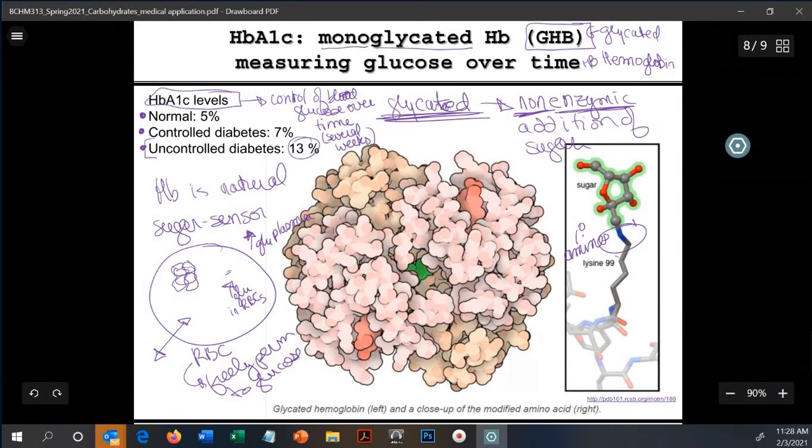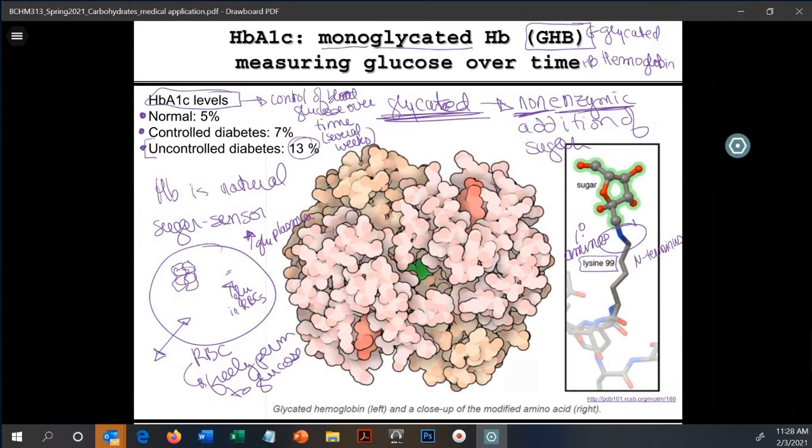And in proteins, we find primary amines, for example, on lysine residues. So the most common attachment point on hemoglobin for a sugar molecule would be a lysine. We can also have attachments at the N-terminus of protein chains as well.